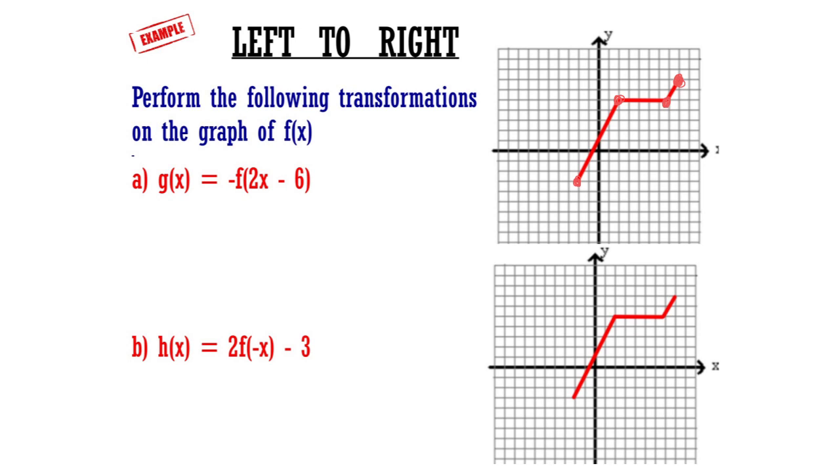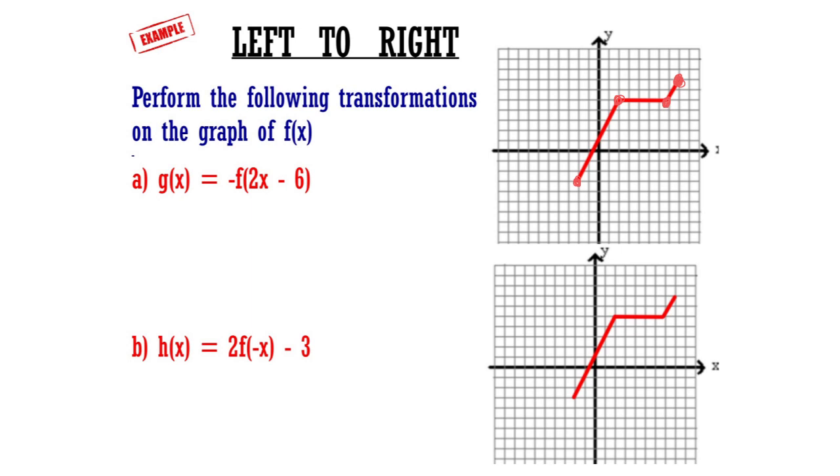Now I haven't said this yet, but it is important that you do your transformations left to right. Sometimes it changes your graph, so it is key when you list out what you're supposed to do, that you do it as you read the function left to right. I did that on the previous slide. I just didn't draw your attention to it. All right, so here we go. On this one, the negative that's out in front is away from the x.